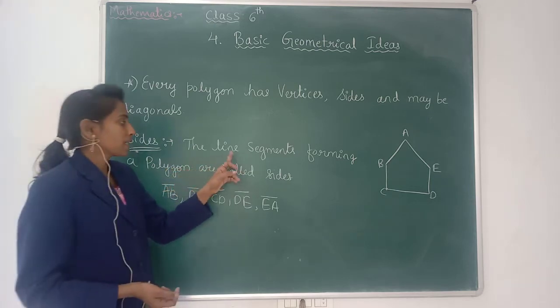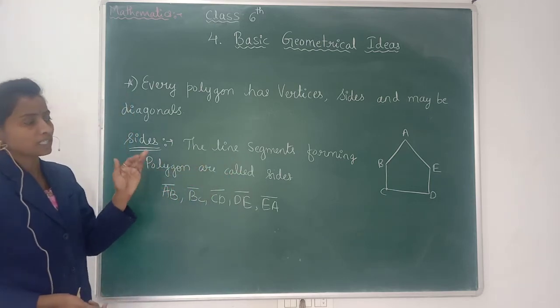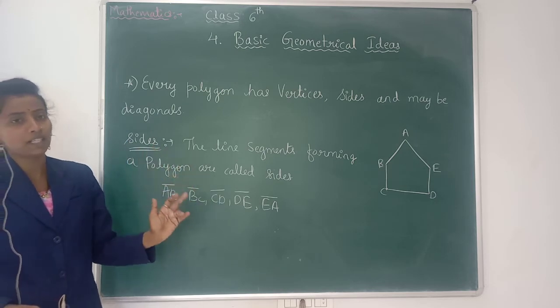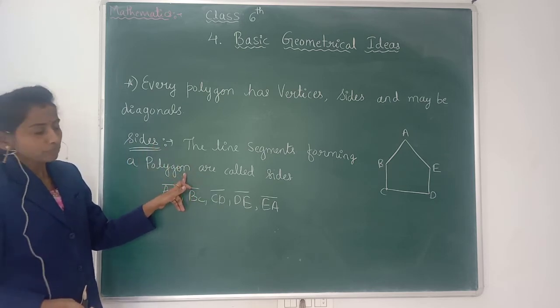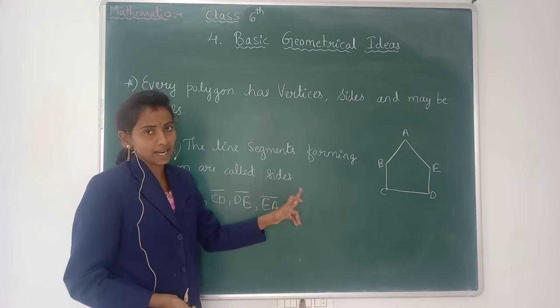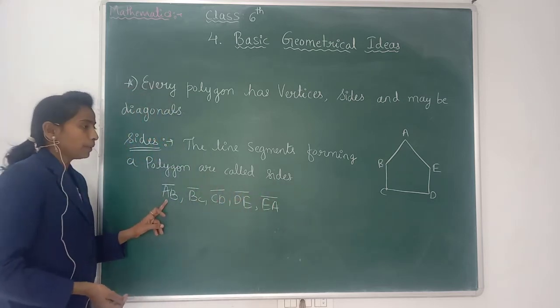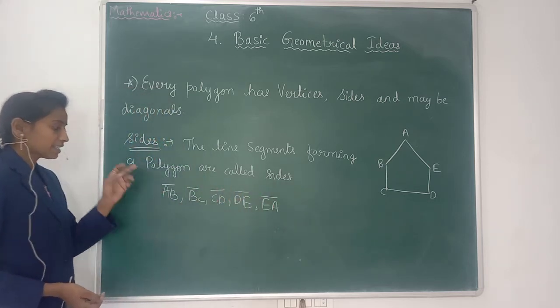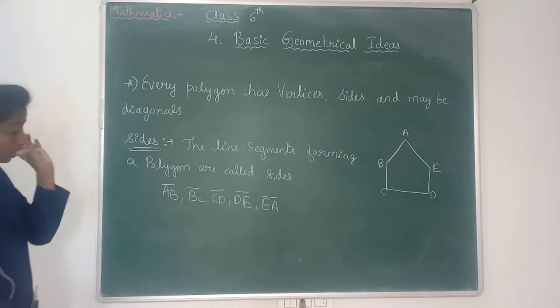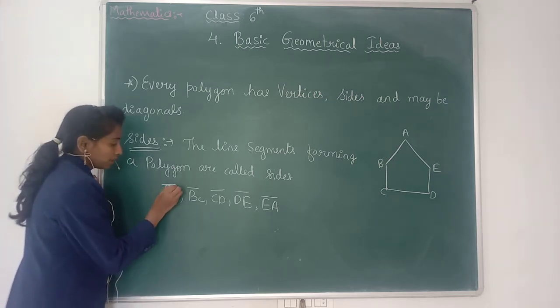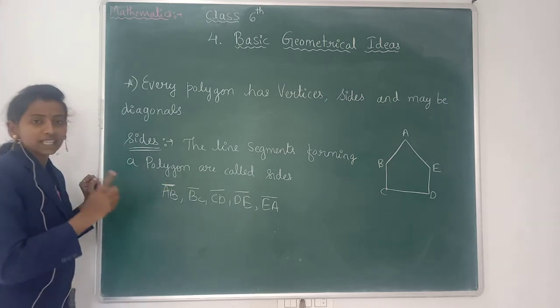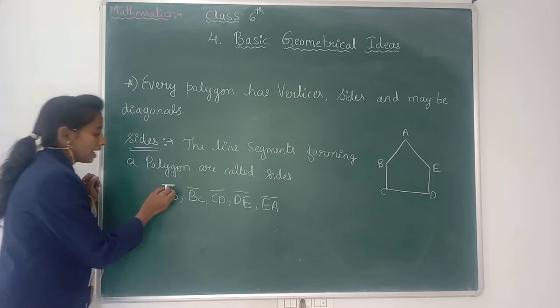The line segments forming a polygon, meaning when you join all the line segments you will get a polygon, are called the sides. Here we have AB. To indicate a line segment, on the head of the AB we use this symbol. This indicates that it is a line segment. So it is a side.